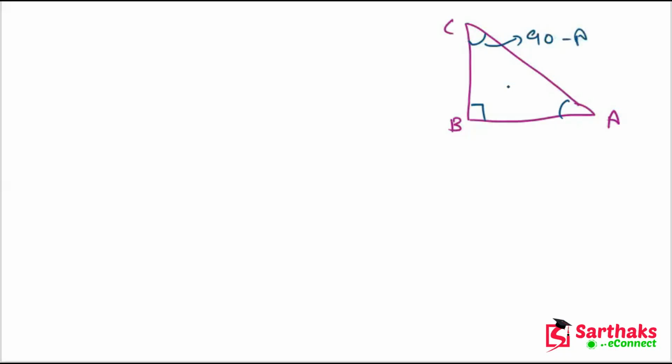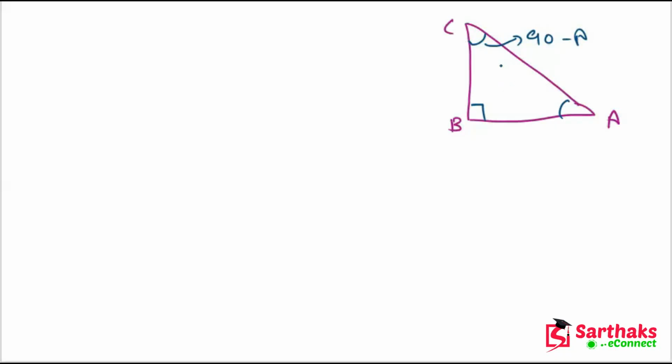So now we have a triangle, right angled at B, and this is A, B and C. Now this angle is A, this is 90 degrees, and this angle is the complement of A, meaning 90 minus A.